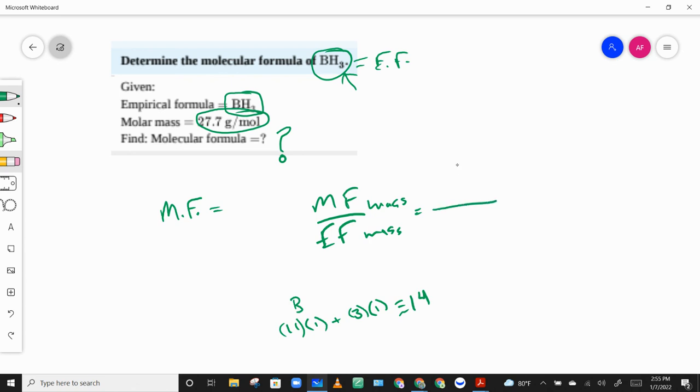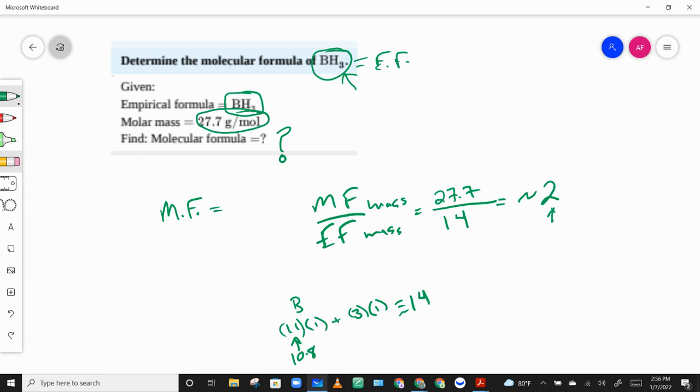The molecular formula mass was 27.7, and the empirical formula mass was about 14. When we divide, we get approximately 2. I rounded this 11; actually it should be 10, so not exactly that number, but it's close enough.